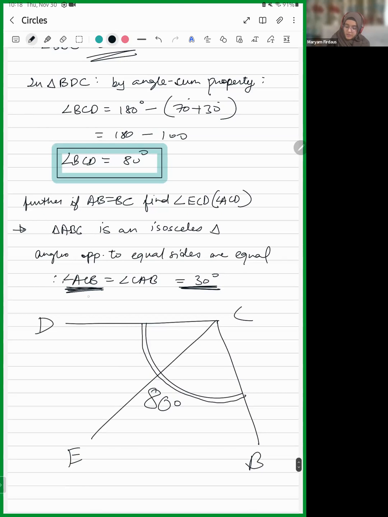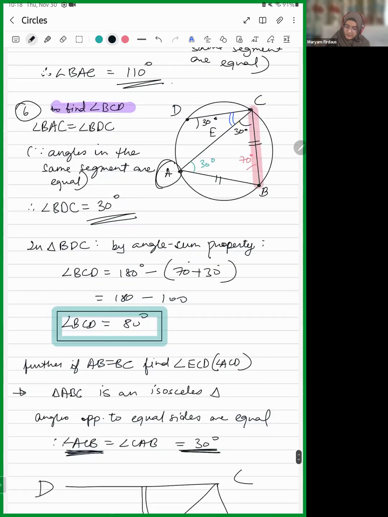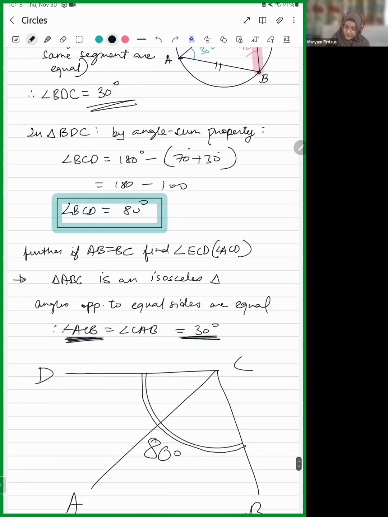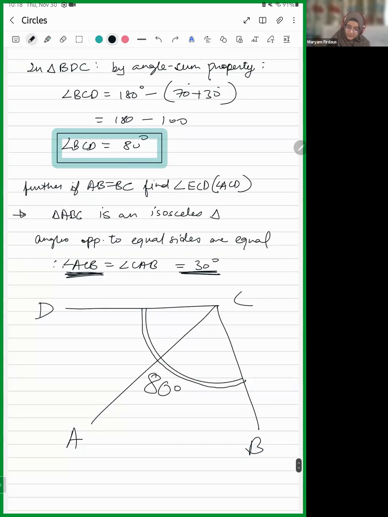And just now we have written that angle ACB, this one, from here to here, this much is 30 degrees. So can someone tell me from here to here, angle ACD is going to be how much?